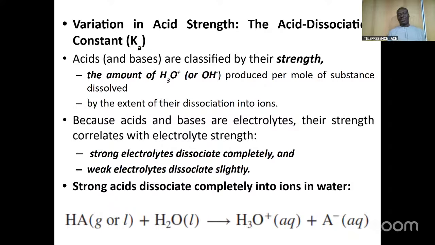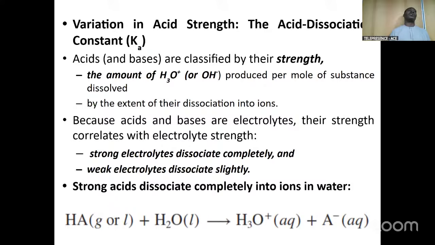And the same thing goes for a base. The strength of a base is a function of the amount of hydroxide ion produced when such a base is dissolved. And so a factor that will determine the strength of an acid or a base would be the extent to which the acid or base dissociates into ions.